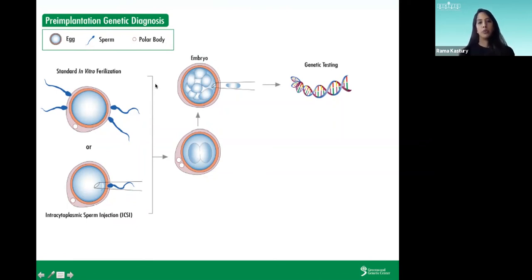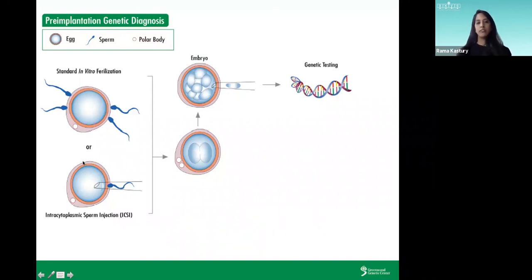IVF involves extracting a woman's eggs, allowing the sperm to naturally fertilize the egg, as shown here, or helping the sperm along and injecting the egg with the sperm to get it to fertilize that way.